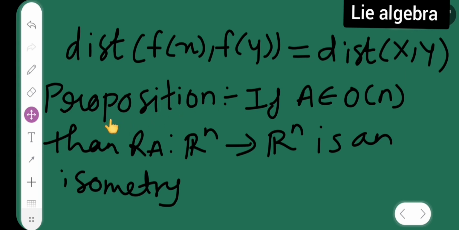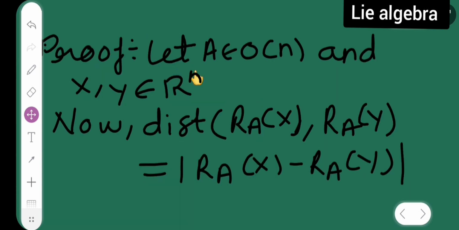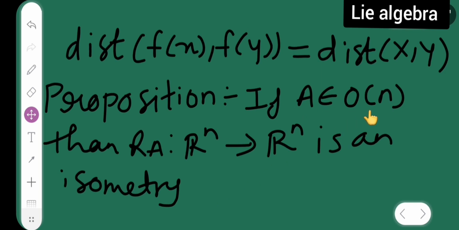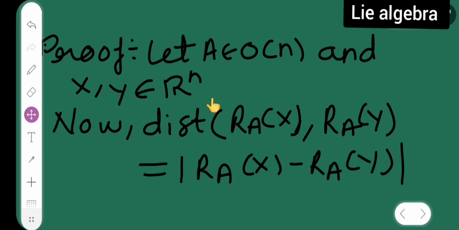Now this is the proposition, with a small proof. If A belongs to O(n), then R_A going from R^n to R^n is an isometry. I have to show this, okay. So let A belong to O(n) and x comma y belong to R^n. First statement: it is already given that A belongs to O(n), and I have to introduce two elements which belong to R^n.